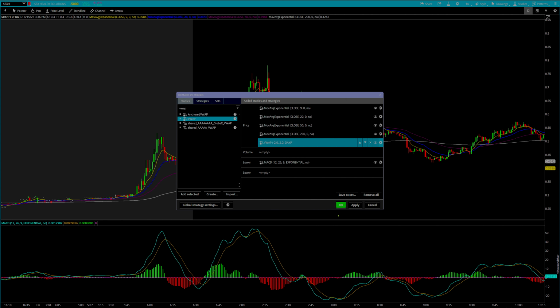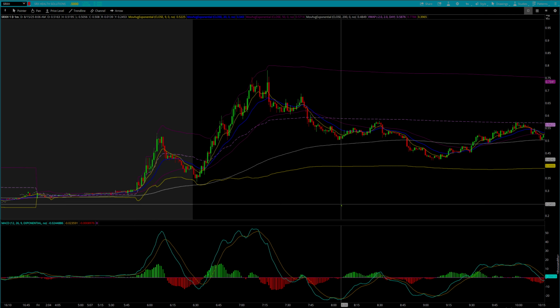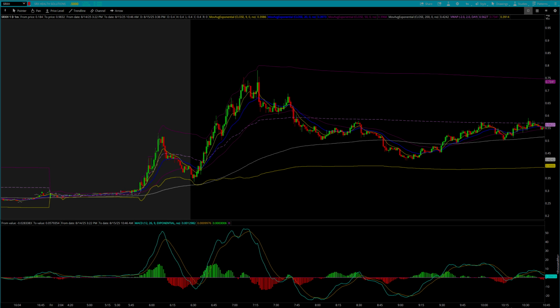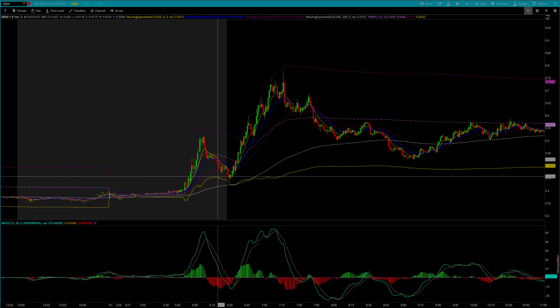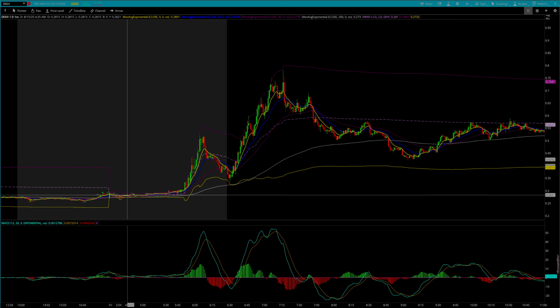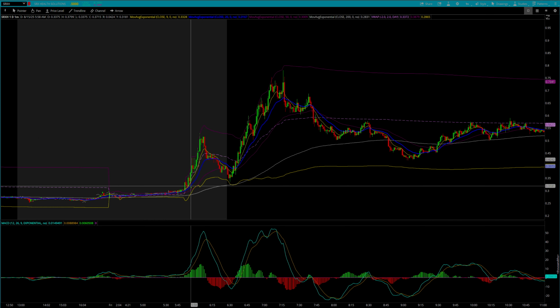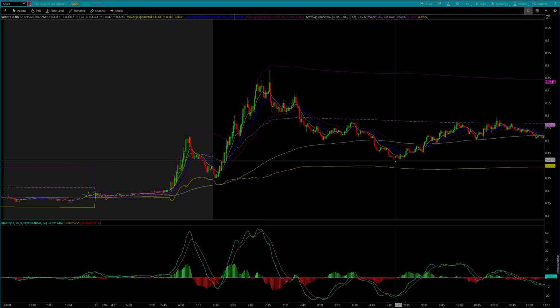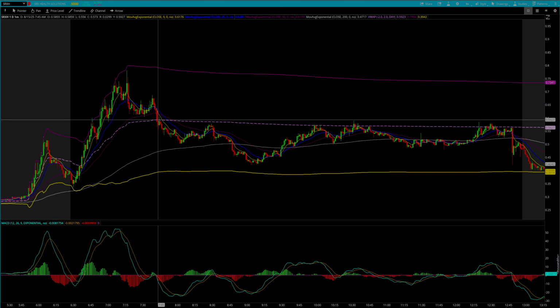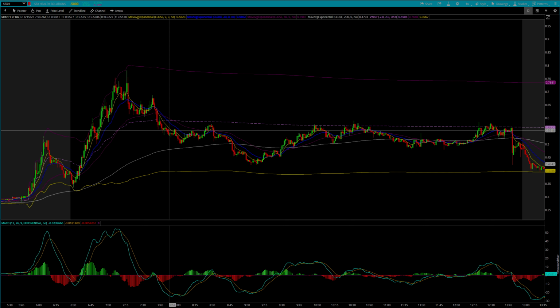Let's make it pink. And you'll hear many folks, and they'll tell you, if your stock price is below the VWAP, don't trade it. Wait for it to get above. And that mostly is true. However, the VWAP is a good place to take a look at when a stock is going to reverse.